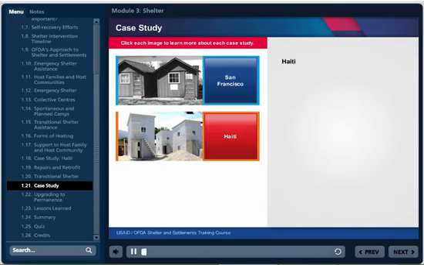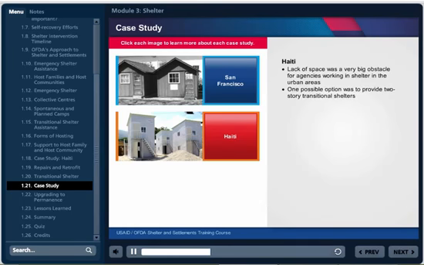Here we have another example from Port-au-Prince. The lack of space was a very big obstacle for agencies working in shelter in the urban areas. In order to achieve minimum required covered living space that we discussed in Module 1, one possible option was to provide two-story transitional shelters. Many agencies were experimenting with this idea in Haiti.